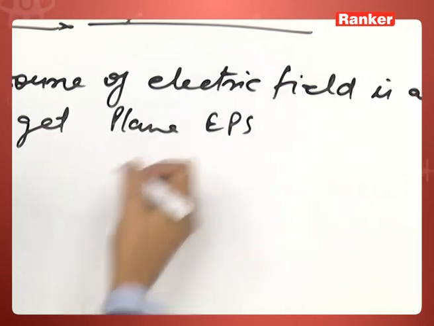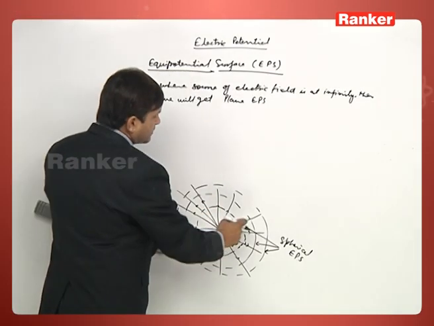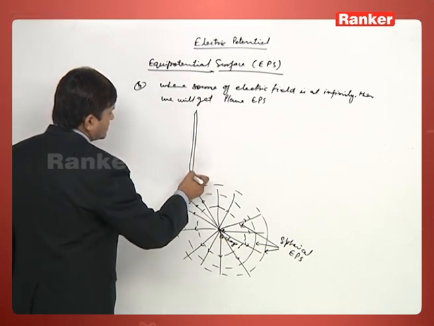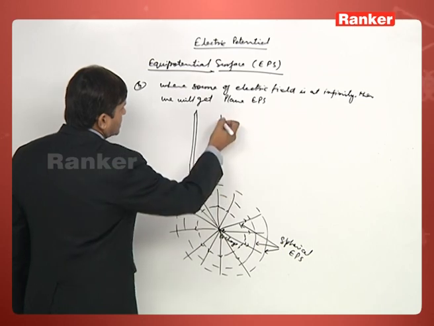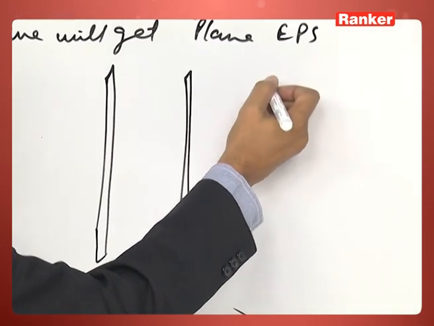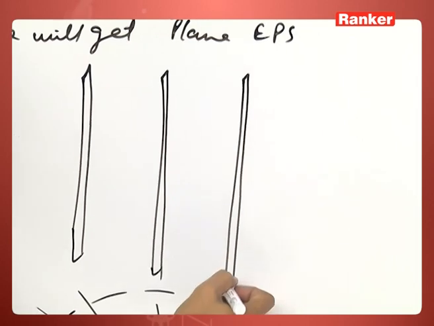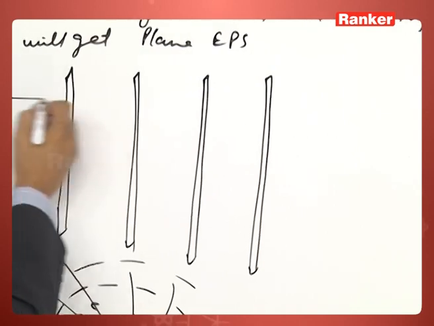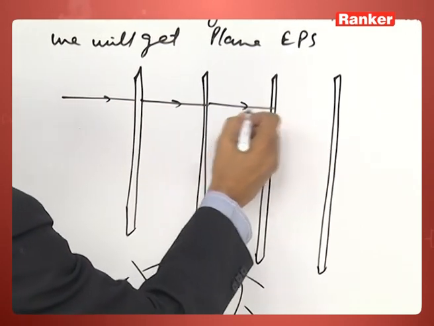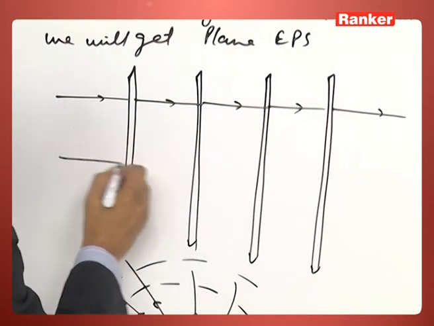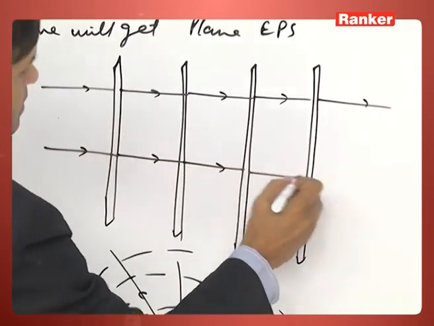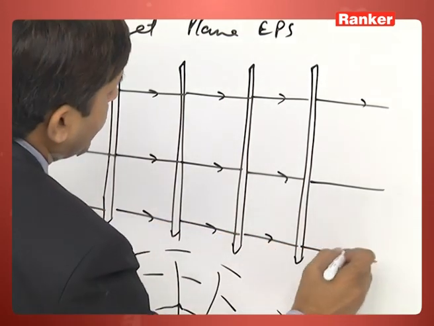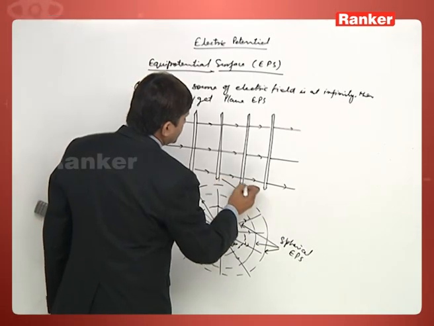Plane EPS means the radius of curvature will be infinity, like this. These are plane EPS. Likewise, these all can be said to be plane equipotential surfaces.